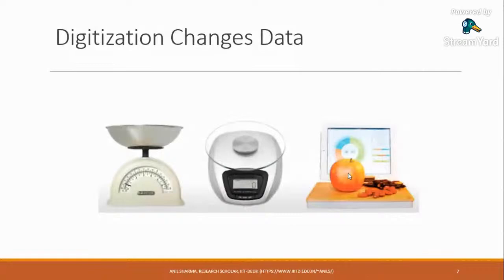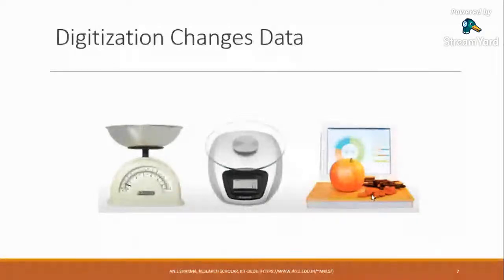Similarly for other products, for example some nuts, maybe almonds, you can provide similar analysis, and you can say that digitization is giving a lot of information regarding products. What I want to say in this slide is that digitization is changing our data, and it's not only about a particular value, it's all about the information of a particular object.